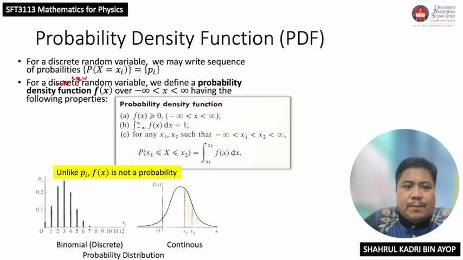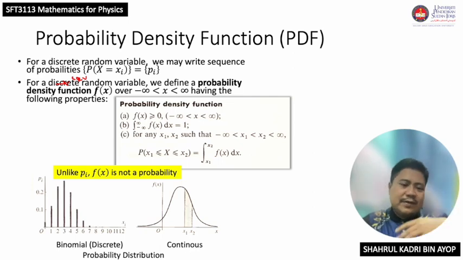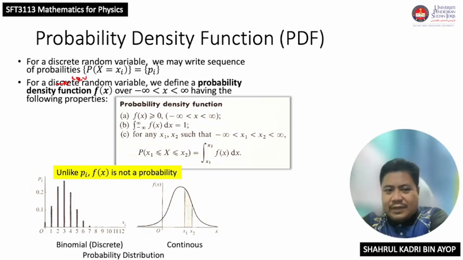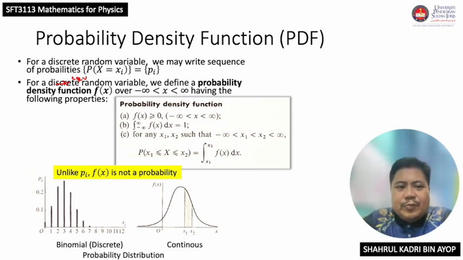The PDF must be larger than or equal to 0 over the range of negative infinity to positive infinity. And if we take the area under the graph of the probability density function, it is equal to 1.